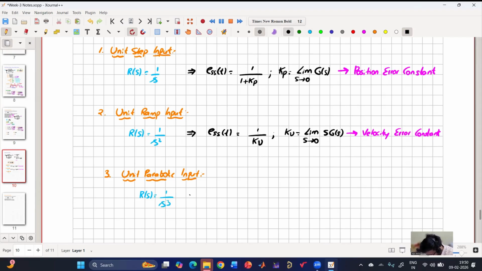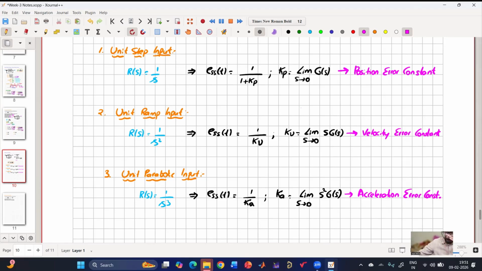In this case, e steady state of t will be 1 by Ka, where Ka is nothing but limit s tending to 0, s square into G of s. So it is all simple and straightforward. This is called acceleration error constant.